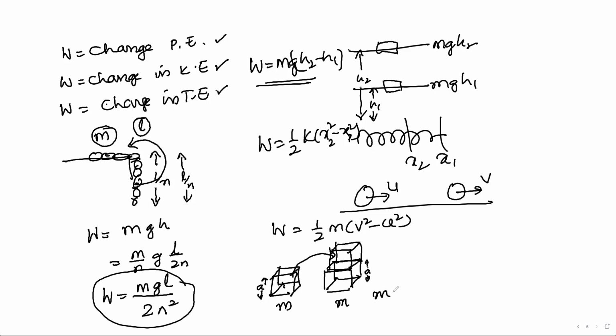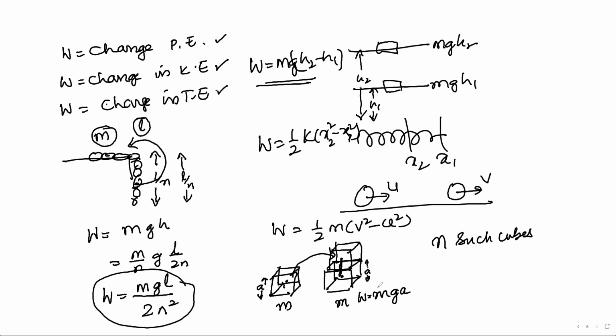We consider the center of mass. From this center of mass to this center of mass, what is the height? How much height do I have to lift? a only. So work done equals mga. Then suppose I have n such cubes.